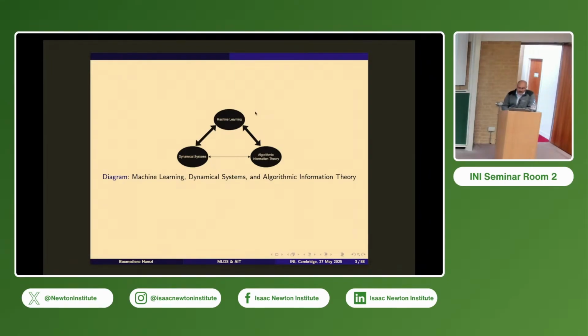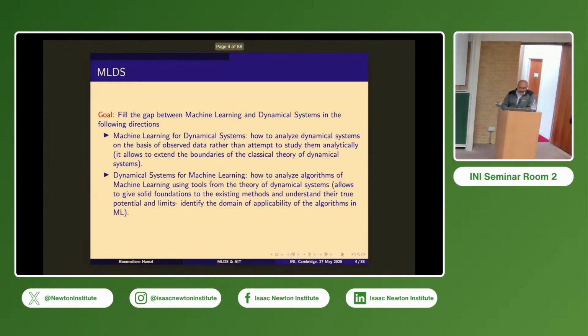The main objective is to give mathematical foundations to machine learning based on AIT and dynamical systems, mostly in the following directions. The first direction is machine learning and dynamical systems, where the goal is to fill the gap between them. First, machine learning for dynamical systems: the question is how to analyze dynamical systems on the basis of observed data rather than attempt to study them analytically.